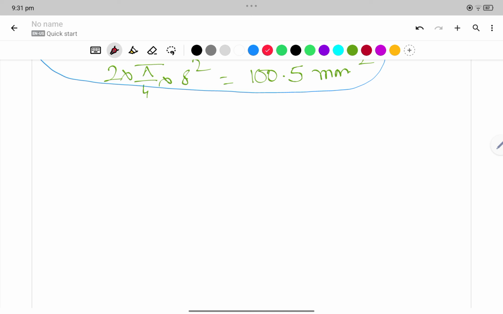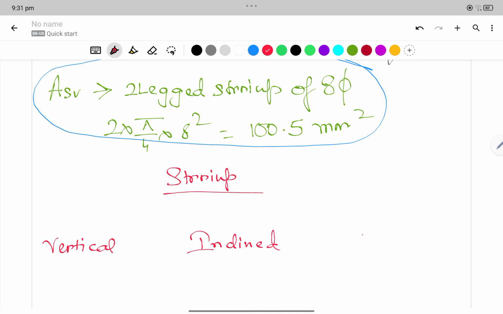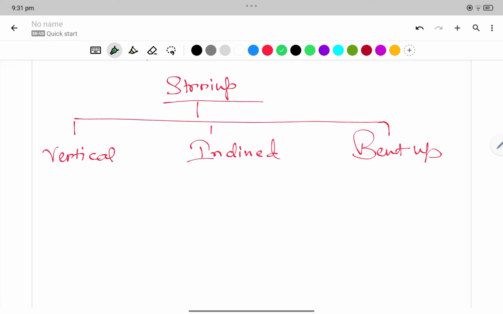Next, there are three types of stirrup. One is vertical, one is inclined, one is bent up. If you see the formula of each stirrup, here it is VUS.